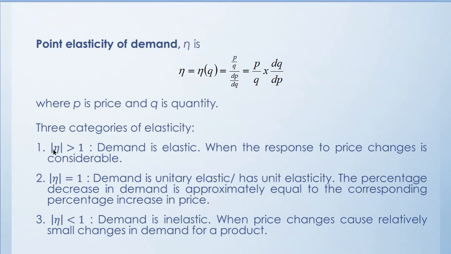While if the modulus of the point elasticity is greater than 1, then we can say that the demand is elastic. If it is less than 1, we will conclude that the demand is inelastic. I repeat, if the answer is equal to 1, then we can say it has unit elasticity. If greater than 1, demand is elastic. Less than 1, demand is inelastic.